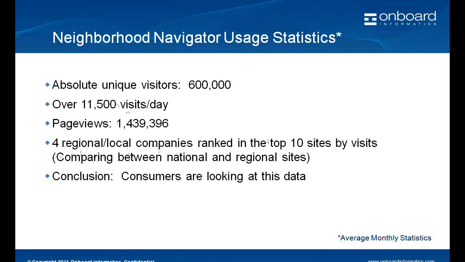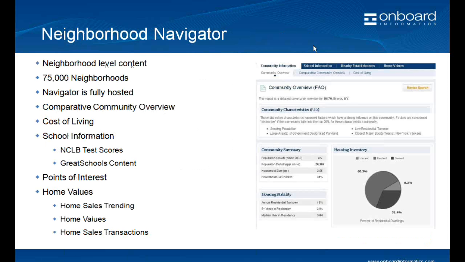There are two options: you could use this, or you could create something that's very simple. You can do some custom landing pages, but I think there's definite benefit to it. Here is just a simple view of this application. You can see the different tabs with information in there: school information, nearby establishments, home values.